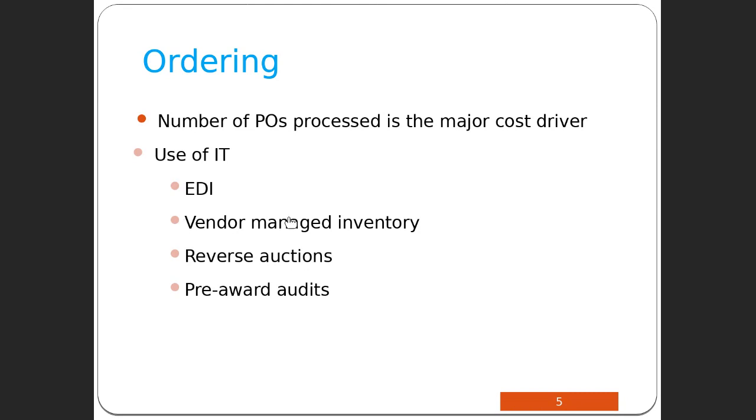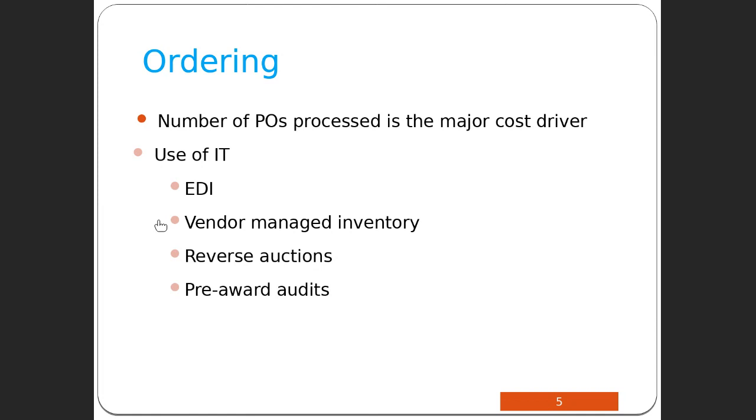For example, vendor managed inventory. Vendor managed inventory is where the supplier comes and looks at your shelves to see how much inventory you need. So you might go to Lulu and see somebody there from Baladna looking at the number of bottles of milk, and they are replacing the bottles.